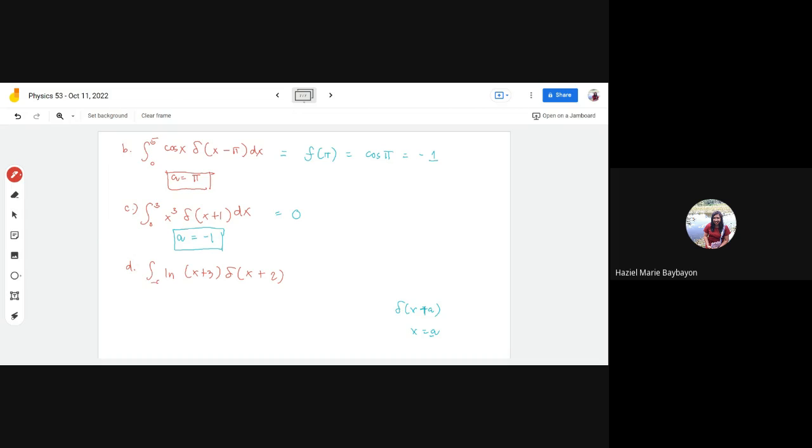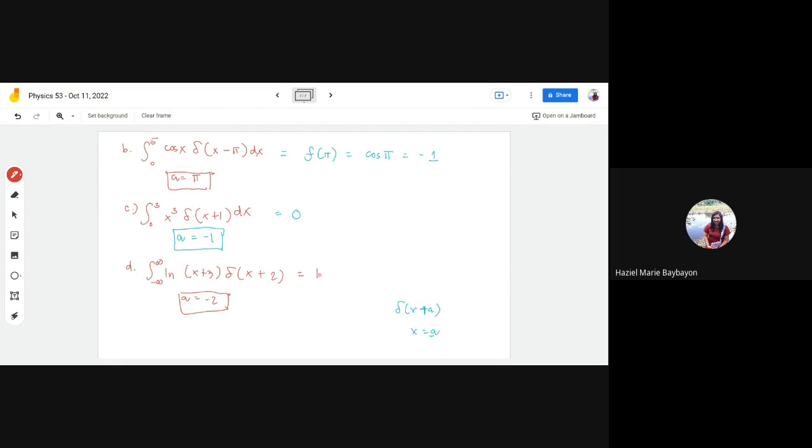This is from -infinity to +infinity. Okay, so for this, you have a equals -2. Therefore, it is in the limit because it is integrated over all space.